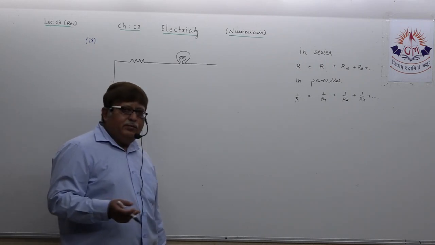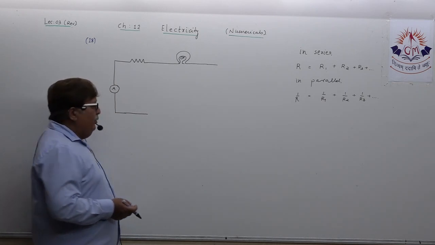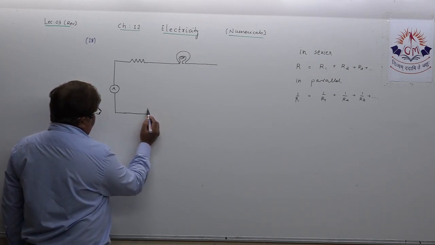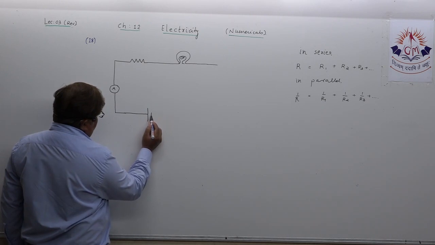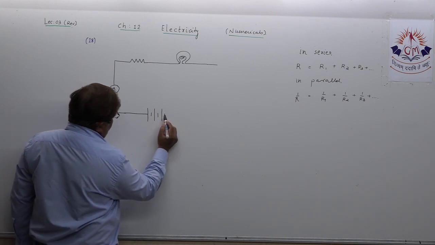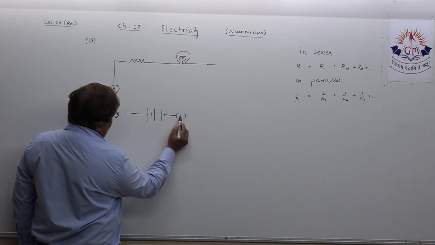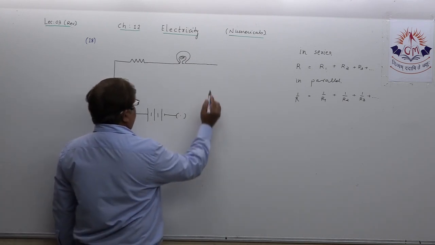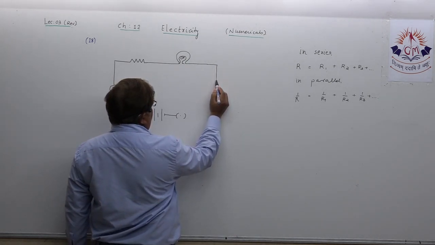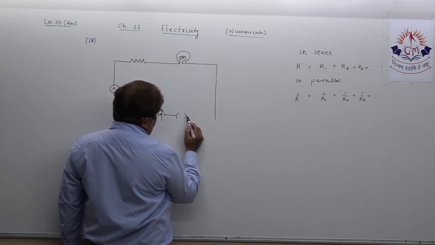Sometimes they don't mention a meter in the schematic diagram, but you develop the practice of showing it. And now the battery you have to show, of 6 volt. Then, as you know, a key you can also show. The schematic diagram shows all components in series connection.